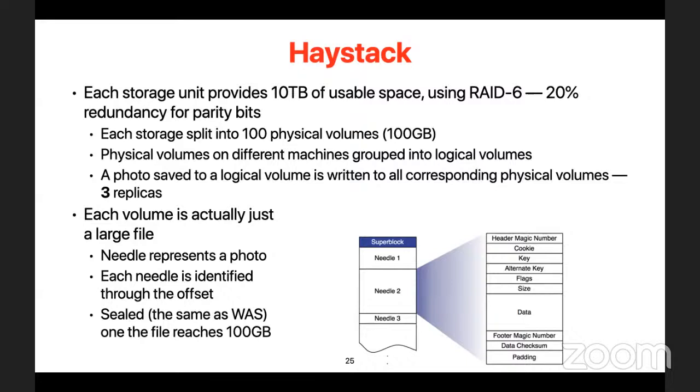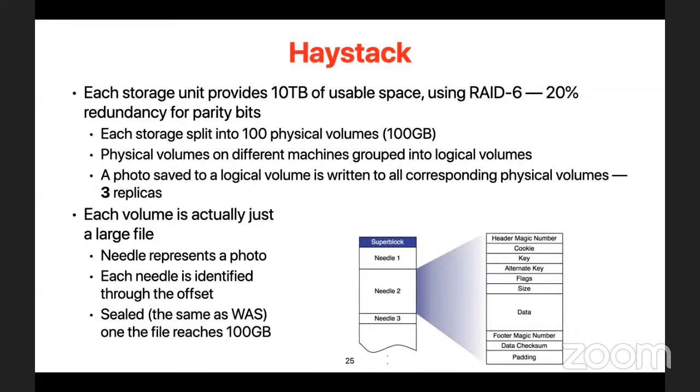So that's the whole idea of Haystack, which is essentially to partition a physical volume into several logical volumes, and the logical volumes are nothing but big files. The big file's metadata is the only thing you need to store in the file system.